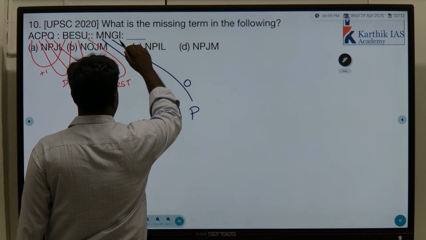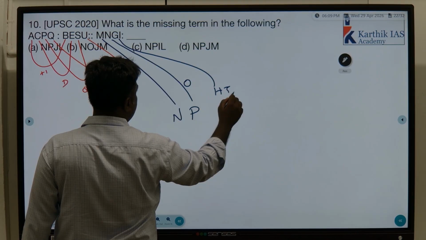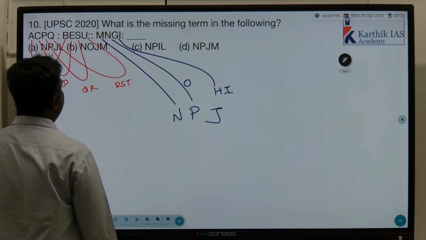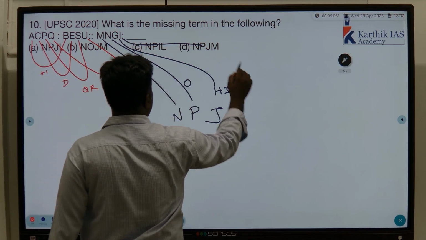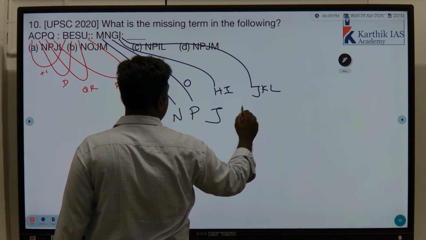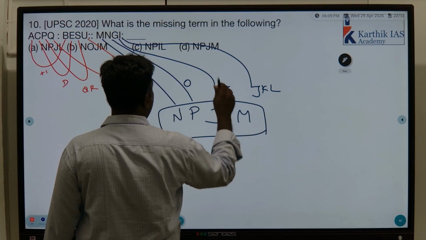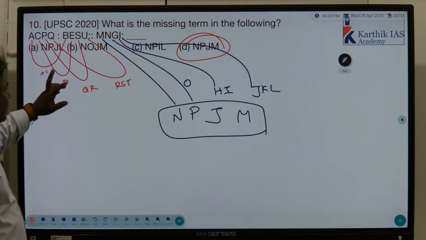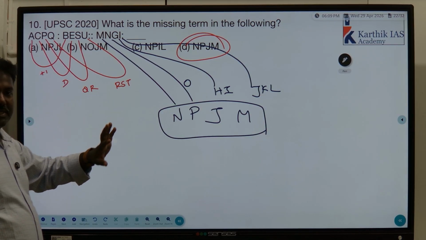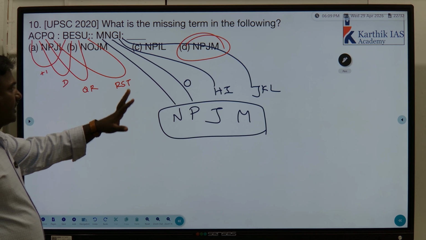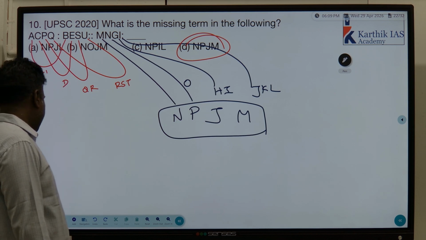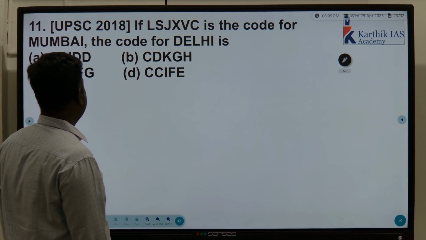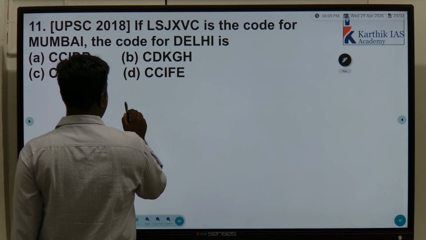P. G H I is missing. J. N P J. Understand? I J K L is missing. M. So N P J M is the answer. You need not convert into numbers. Just see how many letters are missing: the immediate letter, the next letter, then one letter missing, 2 letters missing, 3 letters missing. That's the easiest way to solve these questions.